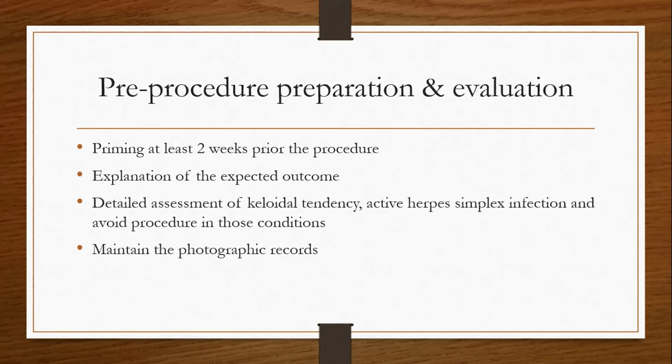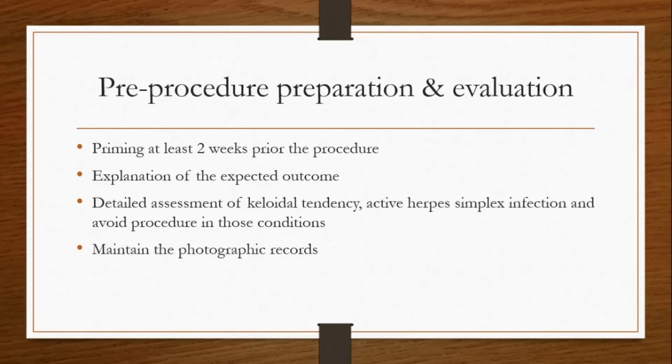We should always explain to them about the expected outcome, and if they are having unrealistic expectation, we should never go for these procedures. And we should always assess in detail for keloidal tendency of the skin and active herpes simplex infection, and we should avoid the procedure in case they are having conditions like keloidal tendency.